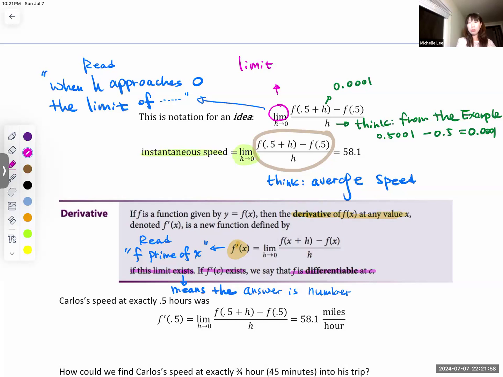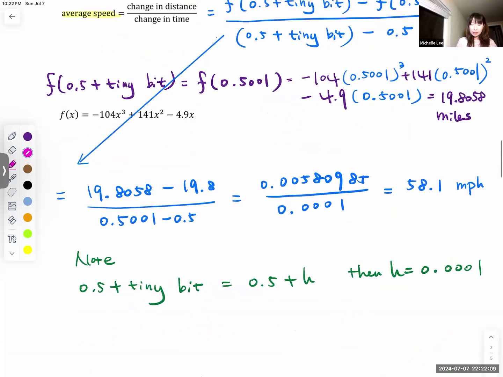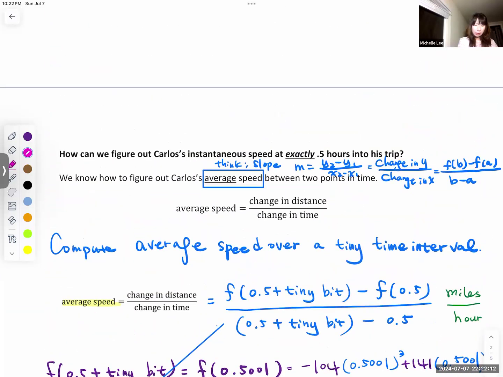All right. Now, the first question was, how can we figure out Carlos's instantaneous speed at exactly 0.5 hours into the trip, right? So how did we do it? We made average speed, meaning a change in distance over change in time.